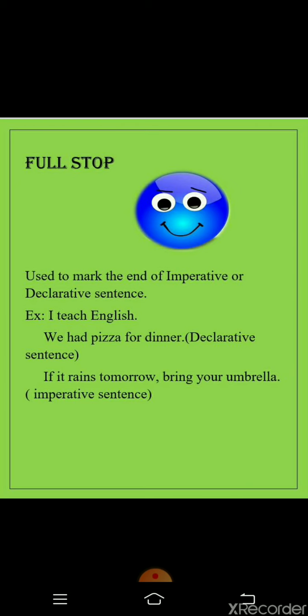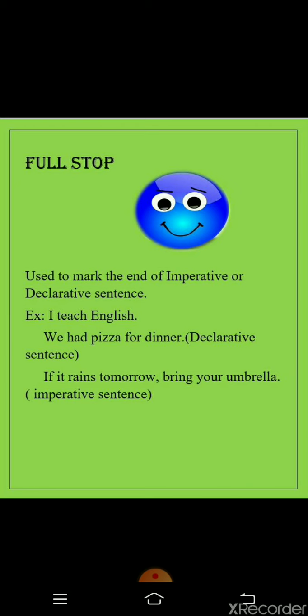For example, "I teach English." This is a declarative sentence, with a full stop at the end. Second one, "We had pizza for dinner." It is giving you information, so these are declarative sentences. Third one, "If it rains tomorrow, bring your umbrella."